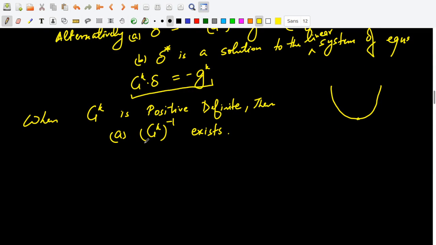If Gk is positive definite, then Gk inverse exists definitely.